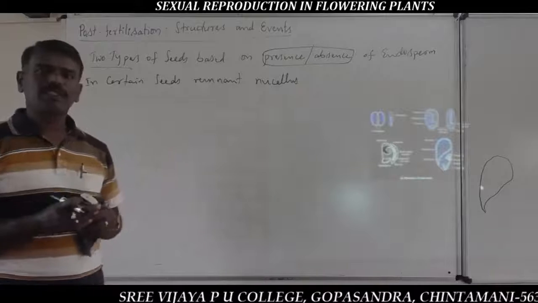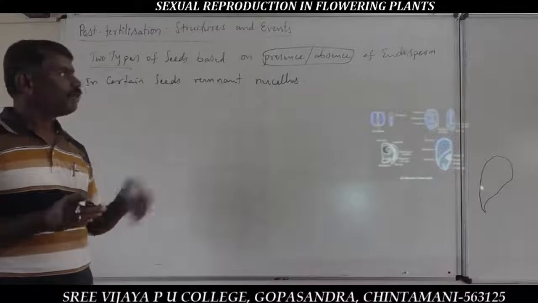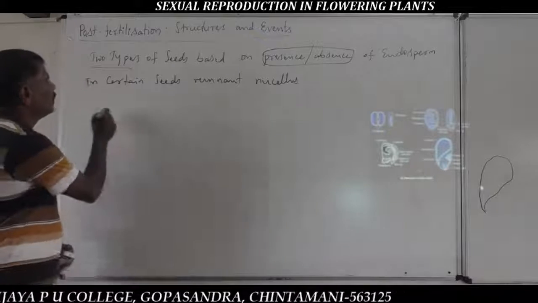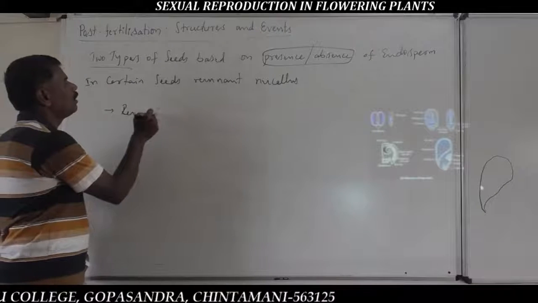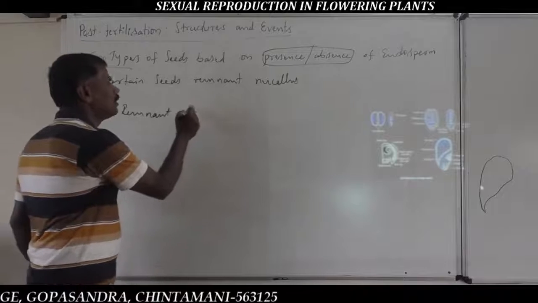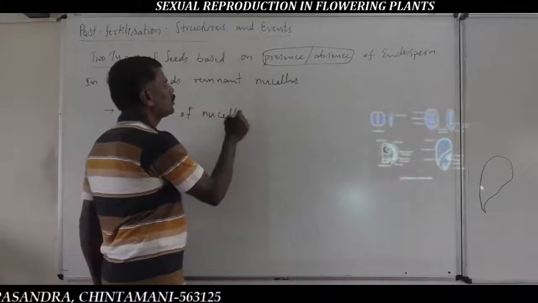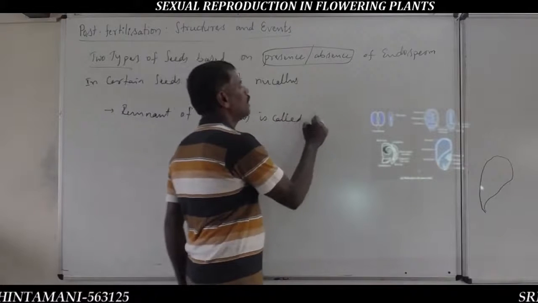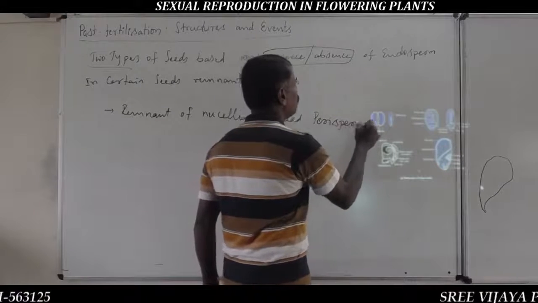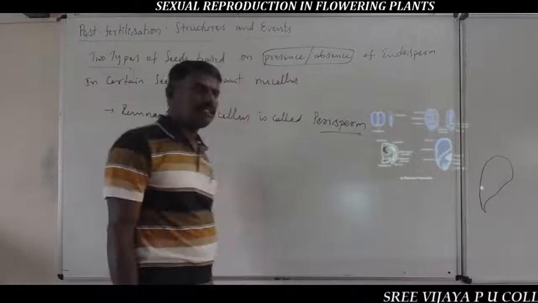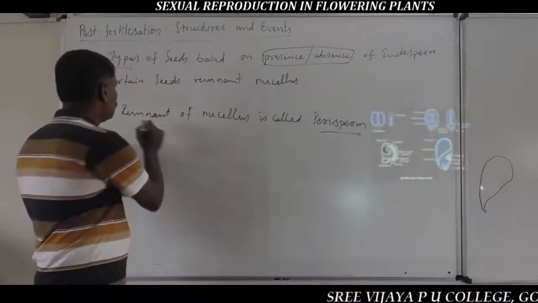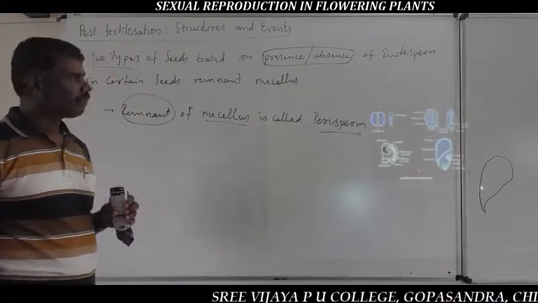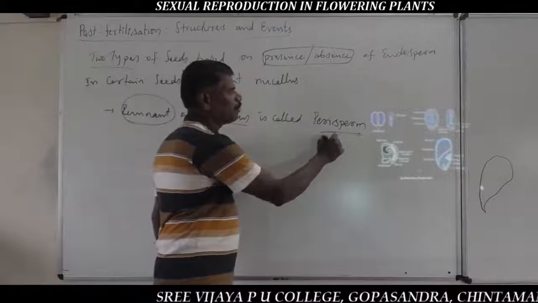So sometimes a certain amount of nucellus also remains. Such a remnant of nucellus is called perisperm. Very important: perisperm is nothing but the remnant of nucellus.